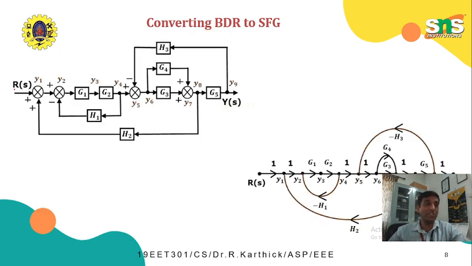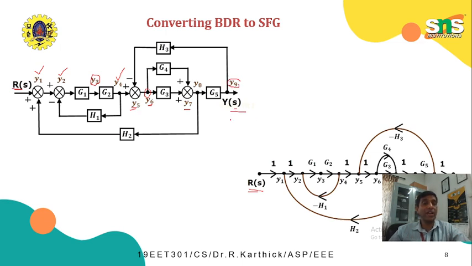You can see we have an input, which we represent as the input node. Then we have a summing point, which will be represented as node y1, then the next summing point, which is node y2, and then we have two blocks connected, so we go with y3. Then there is a takeoff point, represented as y4, then summing point y5, again a takeoff point, which is y6, y7, y8 and y9, and finally the output.